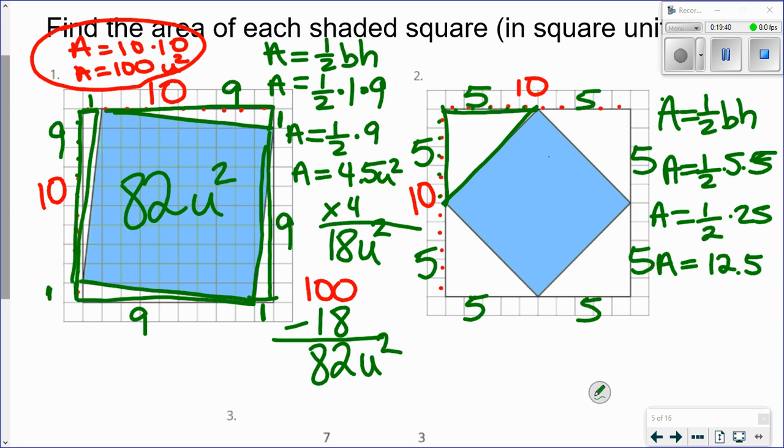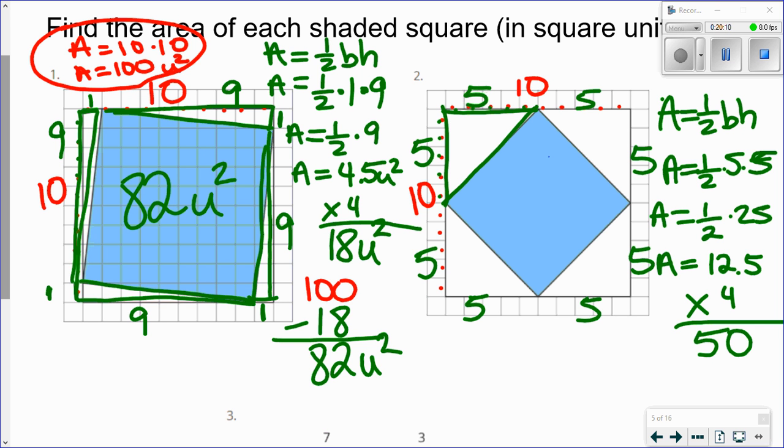And I need to know how much space all 4 of them take up. So again, I'm going to take that and multiply it by 4. So we're going to do 4 groups of 12.5. And when doing so, I get 50 total square units of that negative space that I can take away to figure out what the blue shape is.